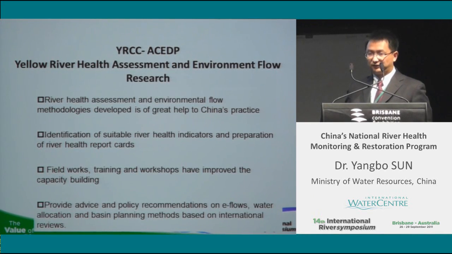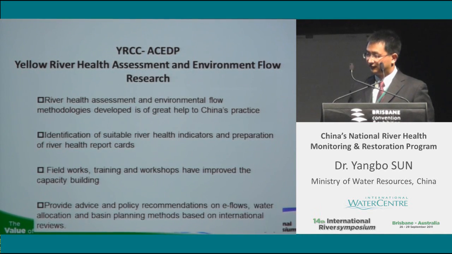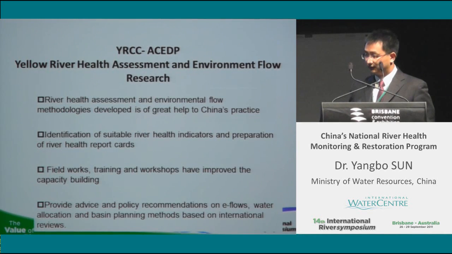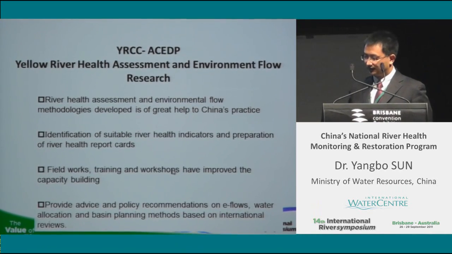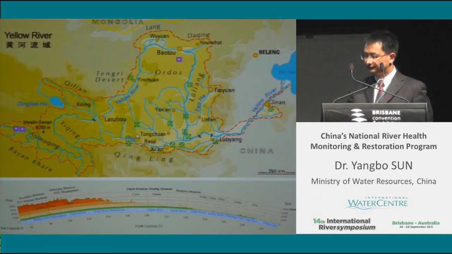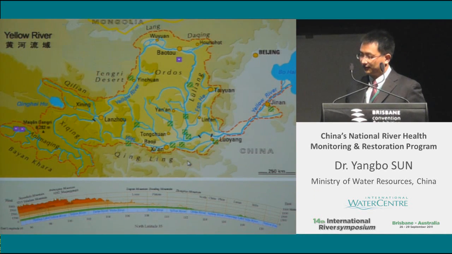The main contents of this research focus on river health assessment and environmental flow methodologies, identification of the indicators, and the report cards of river health. We also had many field works, training, and workshops organized to improve capacity building. So these are the major outputs from this research.